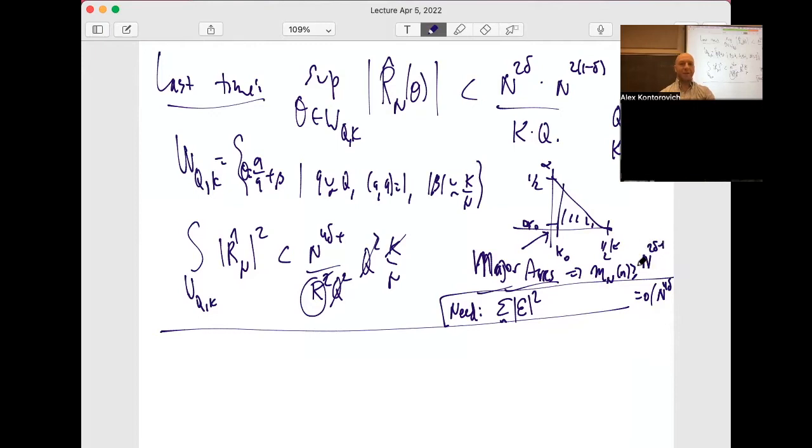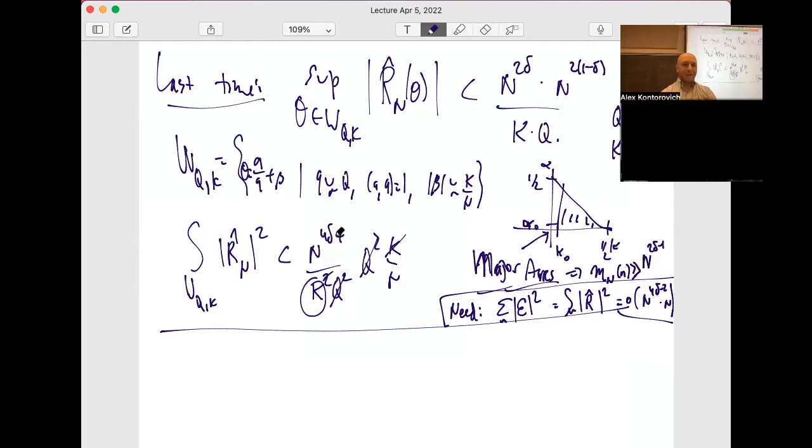This is what we think the multiplicity should be for the major arcs. That'll give us a main term. So the minor arcs, which are also the integral over the minor arcs of r hat squared, need to be little o of this thing squared, which is n to the 4 delta minus 2 on average, so times n, which is n to the 4 delta minus 1.